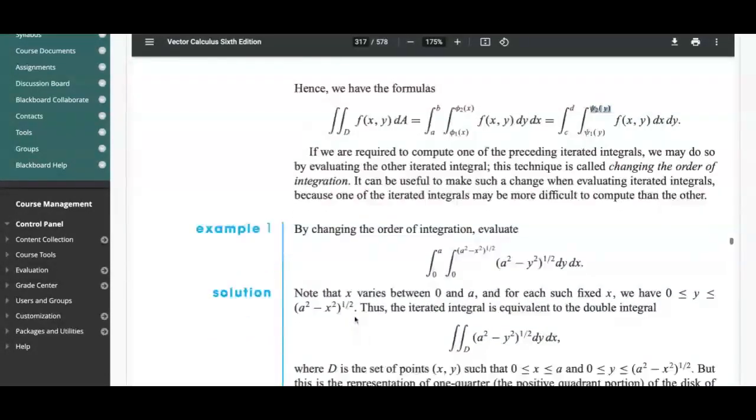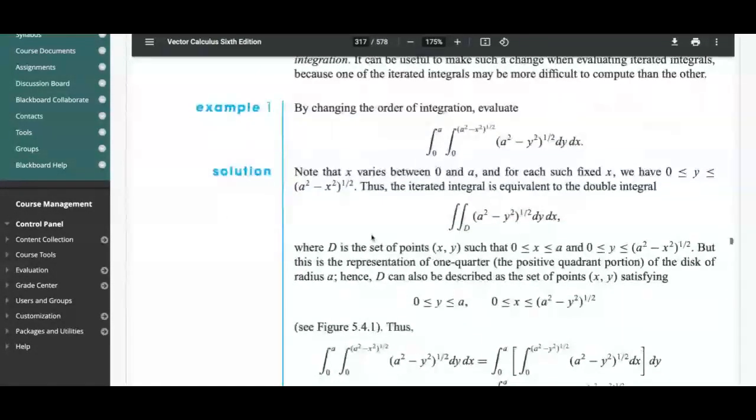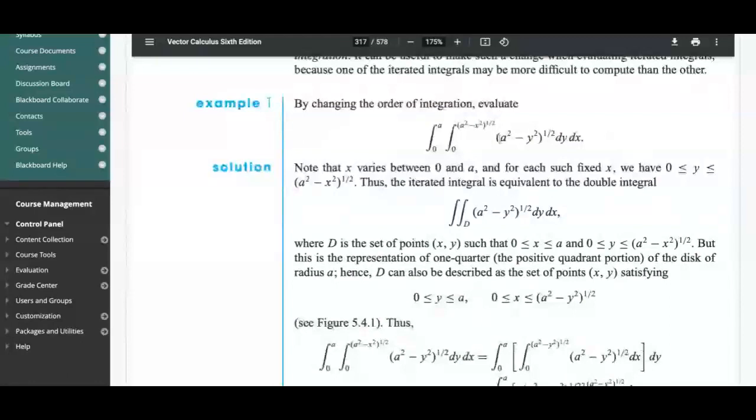Let's see example 1. The integrand is the square root of a squared minus y squared, where a is some number. So we want to integrate it in the y direction first. That's very difficult, right? Because inside we have y squared, but outside we don't have y.